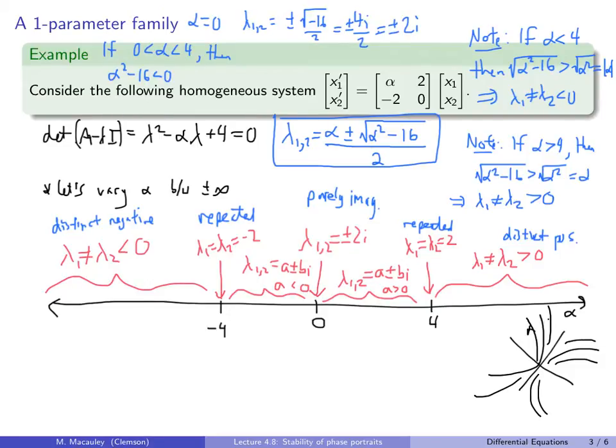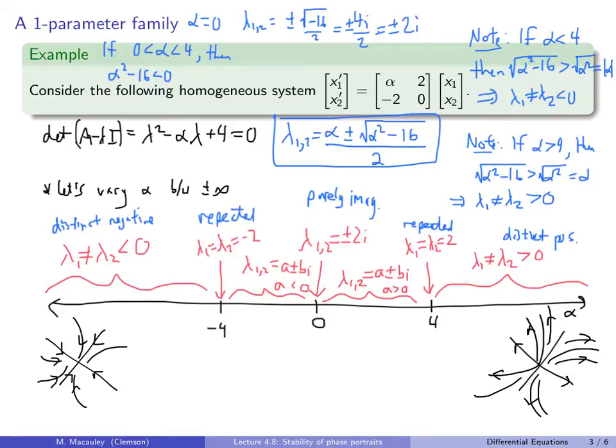So over here we have this proper node where everything goes outward. And over here we have the same thing, just everything goes inward. So let me put arrows on. Again, for every value of alpha, we get a different system.